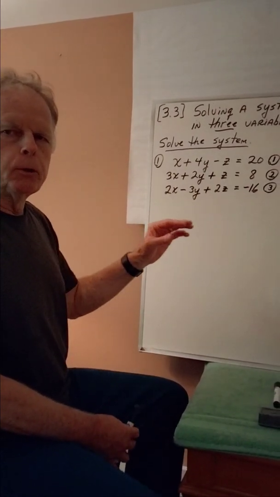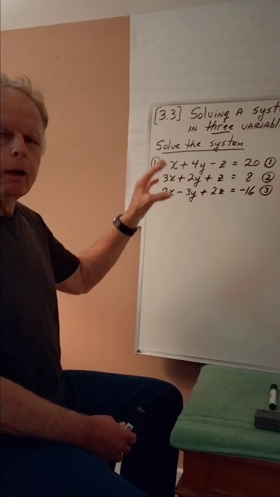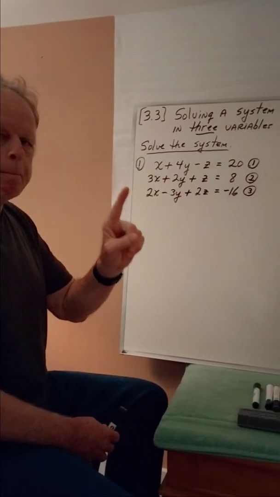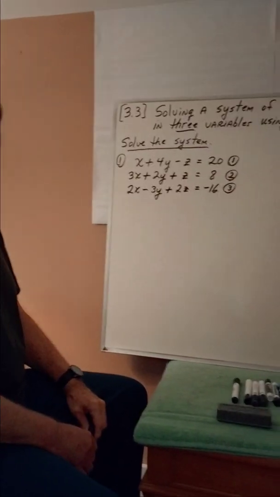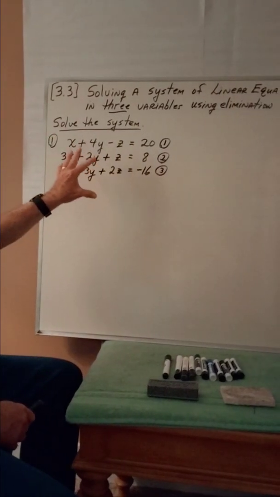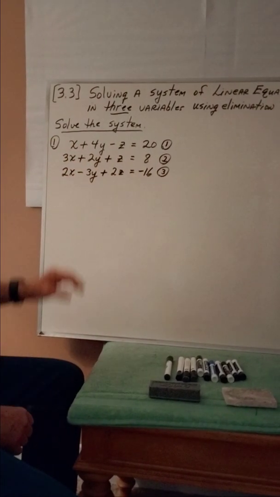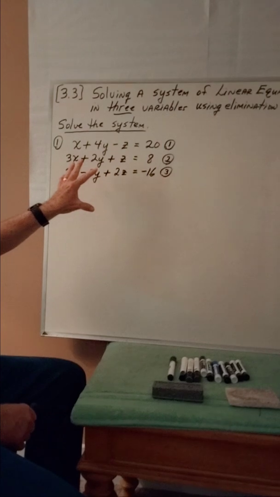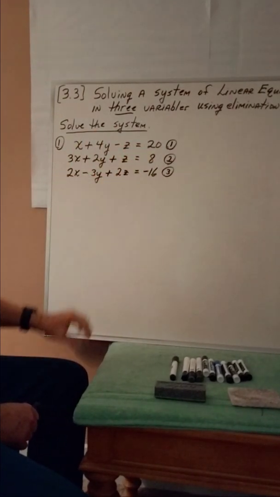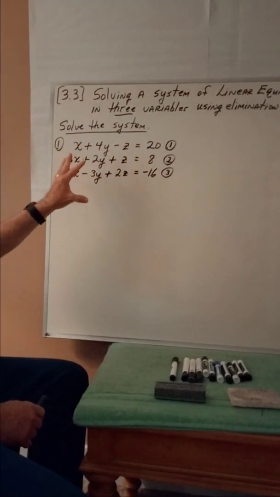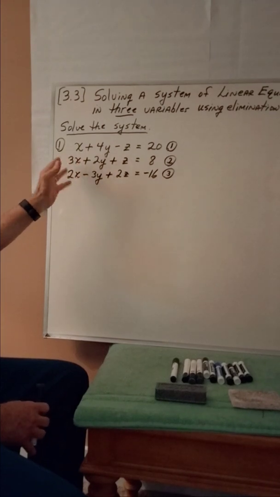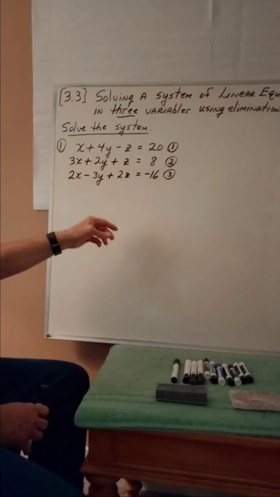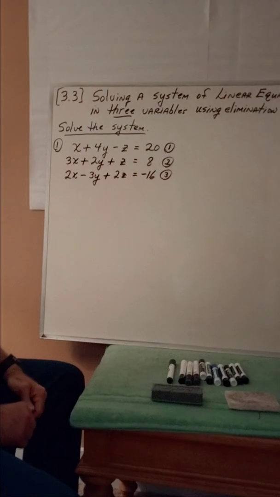So let's go through the steps of how we do it. Step number 1. You choose a variable that you want to eliminate from the entire system. The choice is yours. You can eliminate x, you can eliminate y, you can eliminate z.